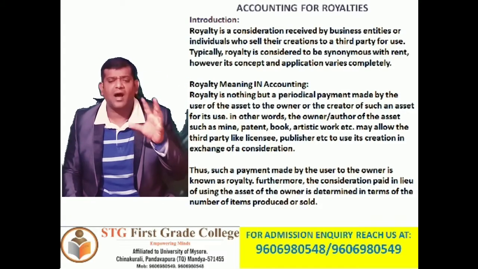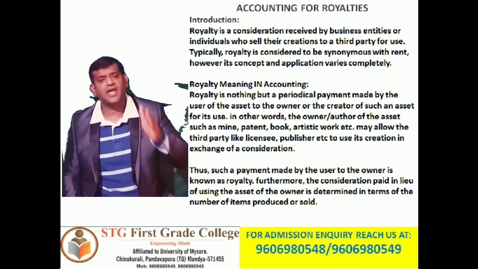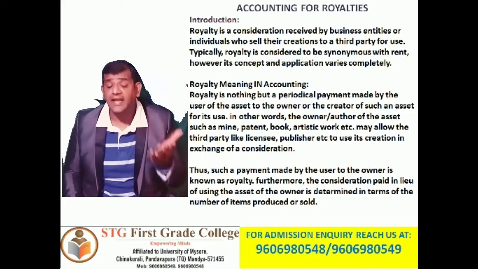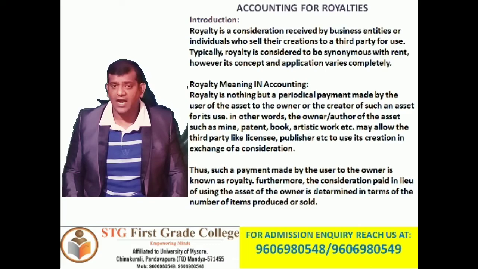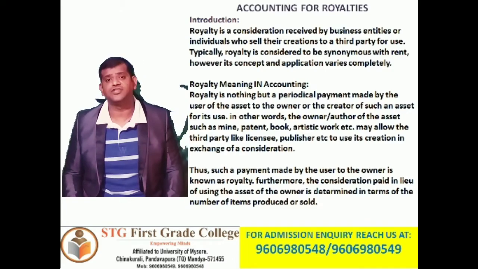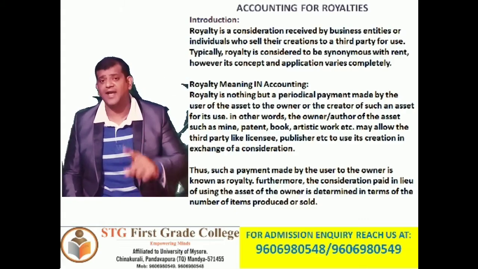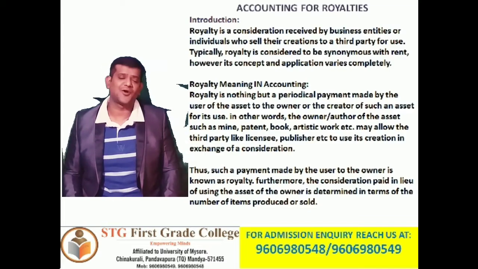They all are included in this. What exactly do they do? They use that particular creation in exchange for a consideration. So such a payment made by the user to the owner is known as a royalty.